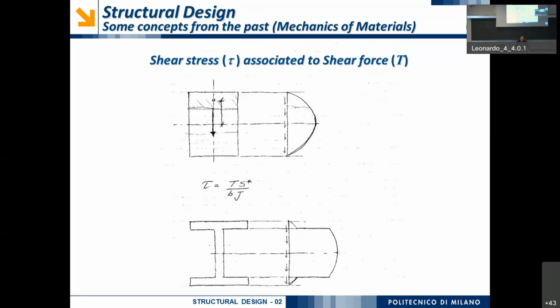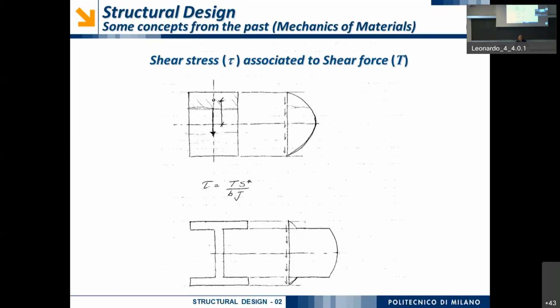Okay? So, similarly to the previous case, we start with a shear stress which is equal to 0 when we are on the bottom part, because on one side we have 0 area, and on the other side we have the area of the entire cross-section. Okay?